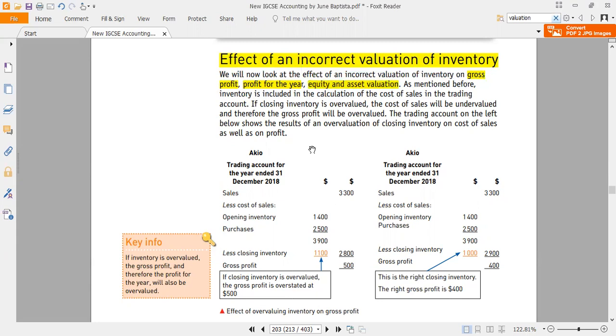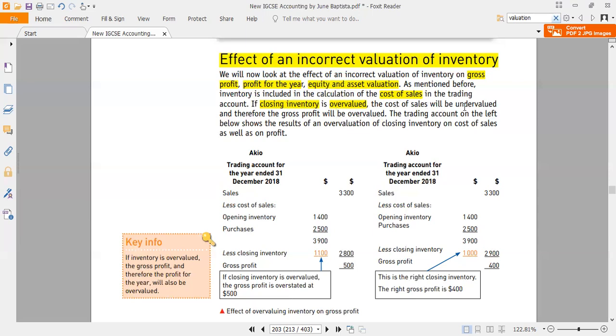Okay, so as mentioned before, inventory is included in the calculation of cost of sale. It is part of cost of sale in the trading account. If closing inventory is overvalued, you remember the closing inventory is considered as income, so overvalued means profit would be overstated.